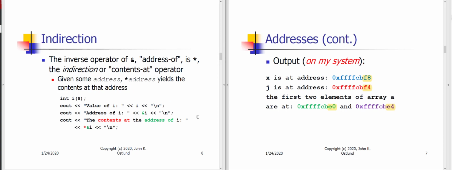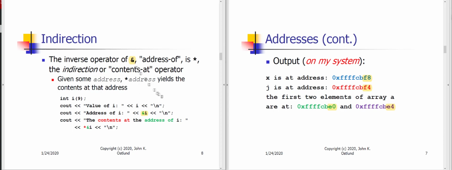Well, we can now get the address of an object by sticking an ampersand in front of that object. That's all very nice. How do we make use of that address? How can we follow that address back to the thing that the address is pointing to?